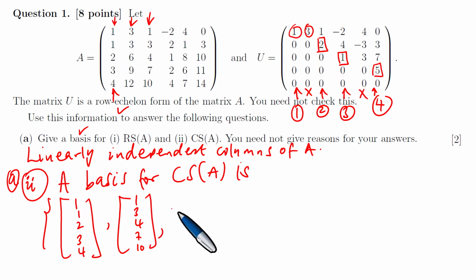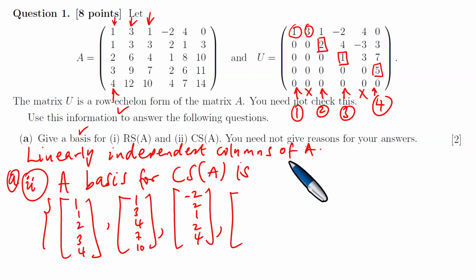And then we take the fourth column, which is exactly minus 2, 2, 1, 2, 4. Next, the very last one, which is 0, 3, 10, 11, 14.